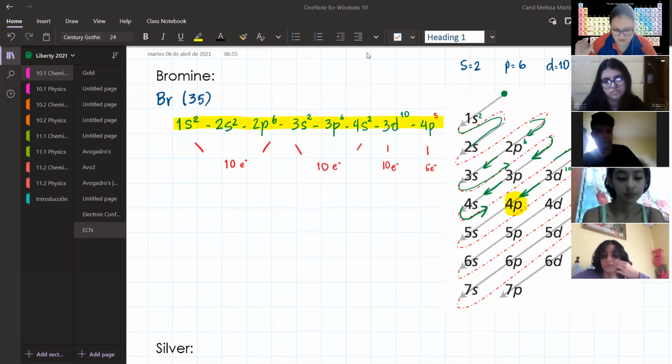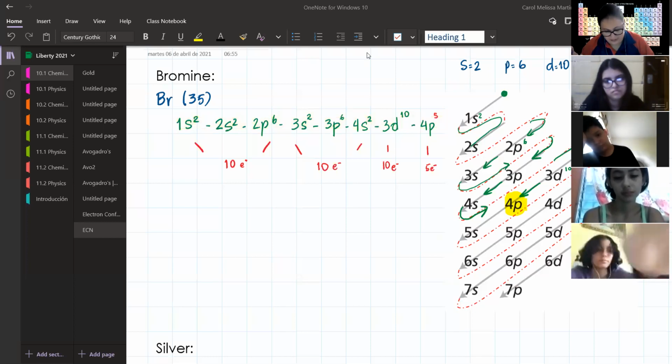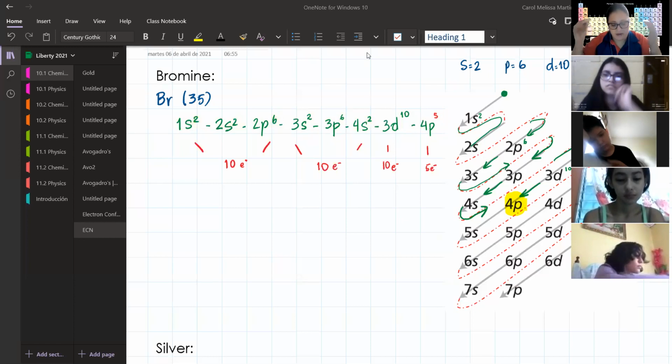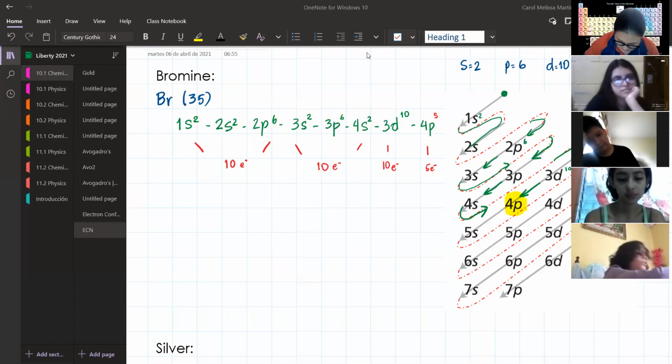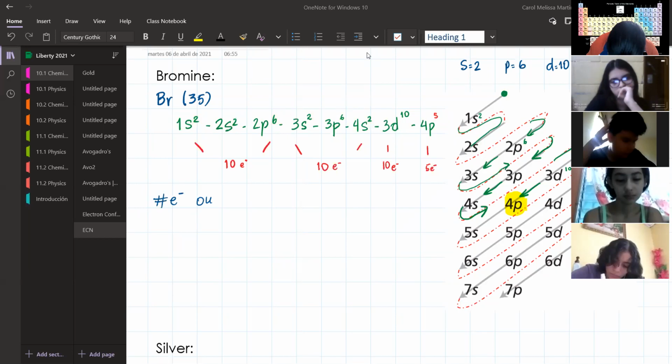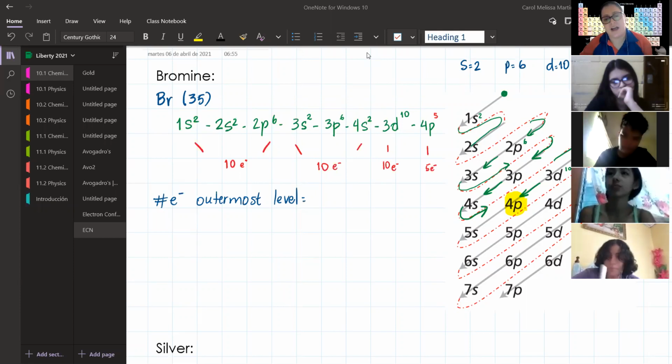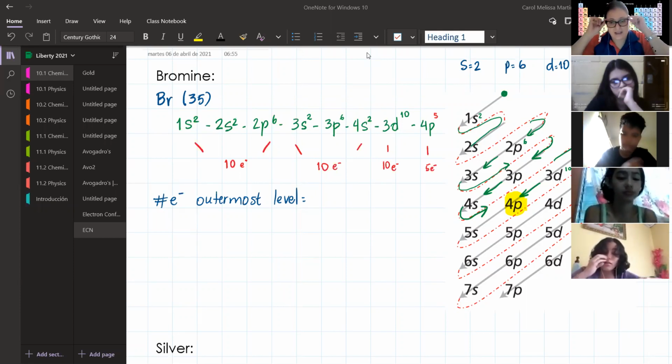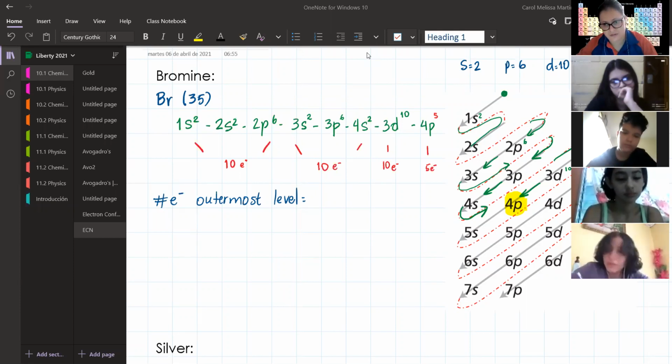Now, if I ask you the number of electrons in the outermost level, what I have to look at is the greatest coefficient.